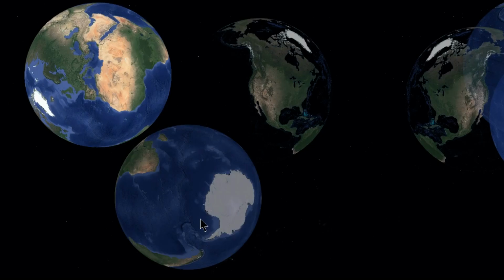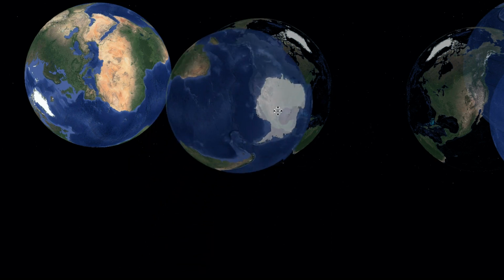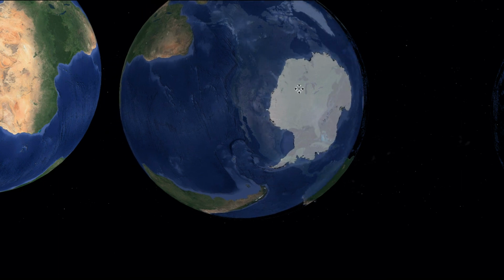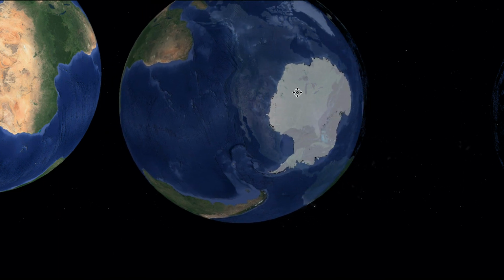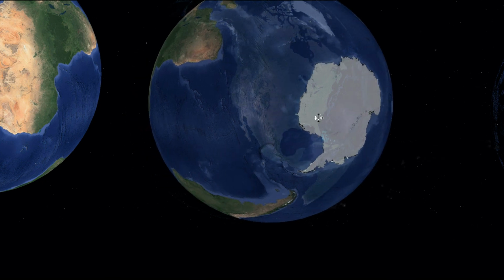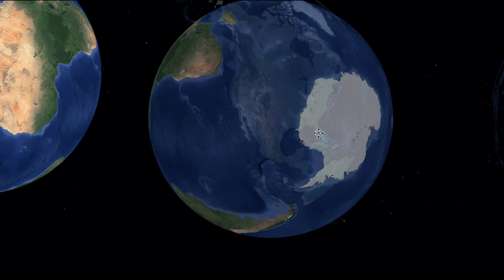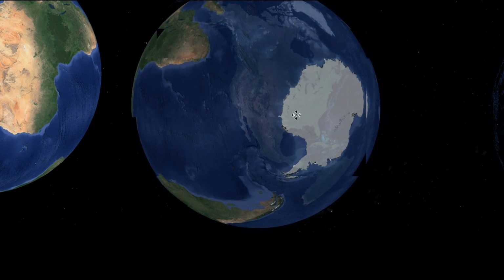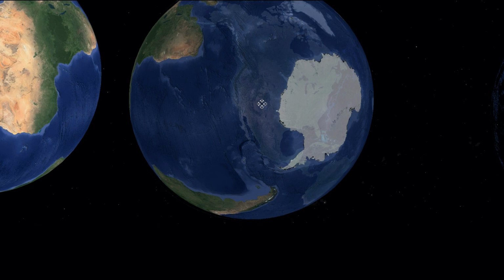Okay, so let's go over this again. Here's the Southwest Indian Ridge, the V shape, the amazing match. It's amazing because it matches in, down, over. It just keeps matching, and it will match reversed.